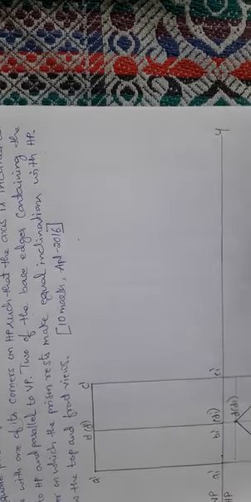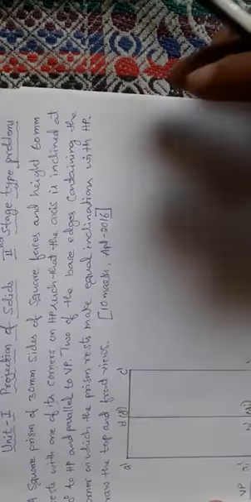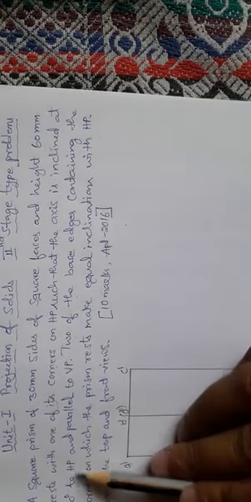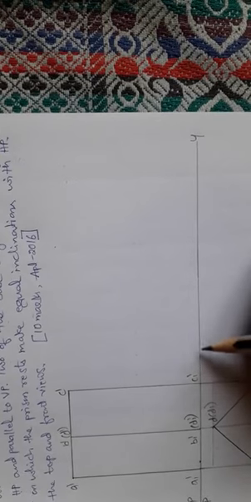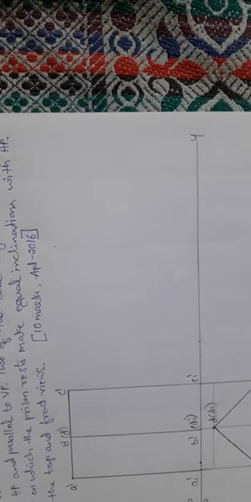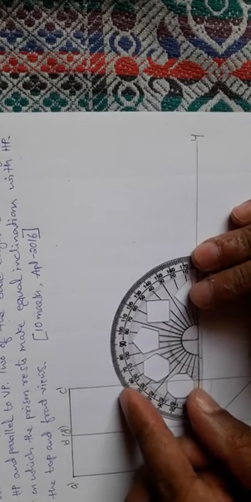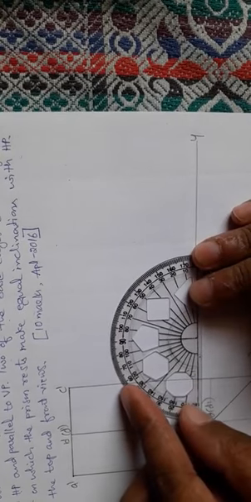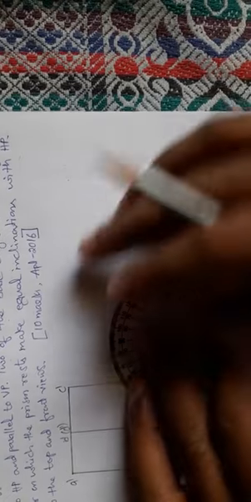Let us draw the axis inclined at 30 degrees to HP. Here I am going to mark one point, and from this point I am going to draw the 30 degrees.